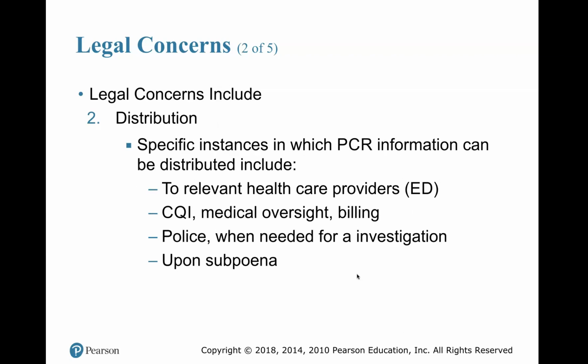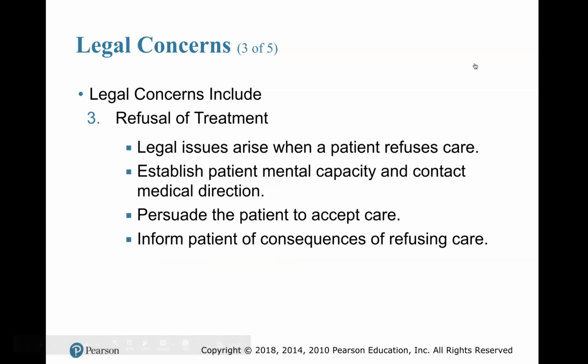Specific instances in which PCR information can be distributed include to relevant healthcare providers like the emergency department, continuous quality improvement, medical oversight and billing, police when it's needed for an investigation, and upon subpoena. We talked about this, I think it was in Chapter 3. So, just kind of a legal concerns.